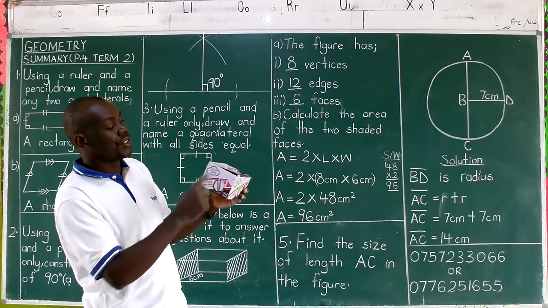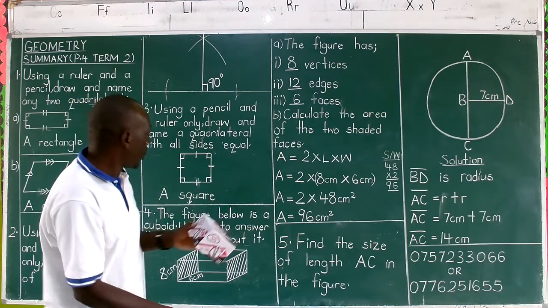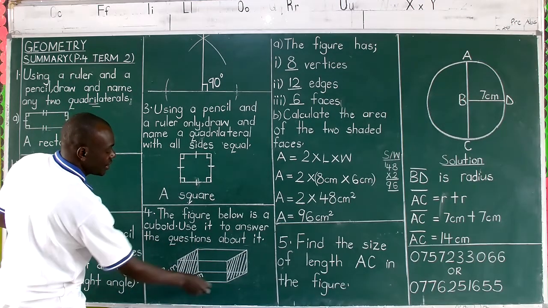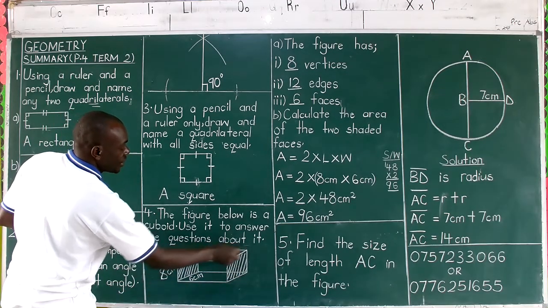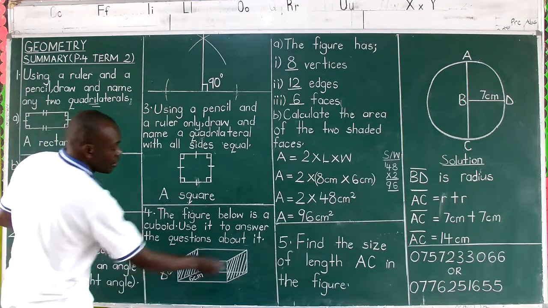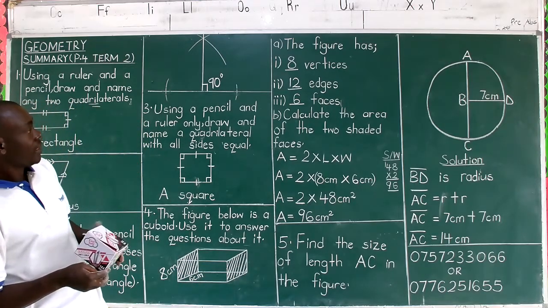These are the edges. Whatever you see drawn here is an edge. Not egg, but edge. So it has edges.